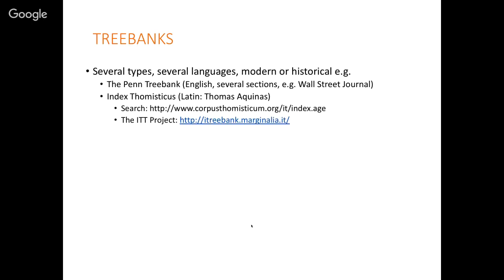So there are plenty of tree banks for different languages out there, also for historical phases of languages and for several different languages. The first large-scale tree bank was the Penn tree bank for English language.